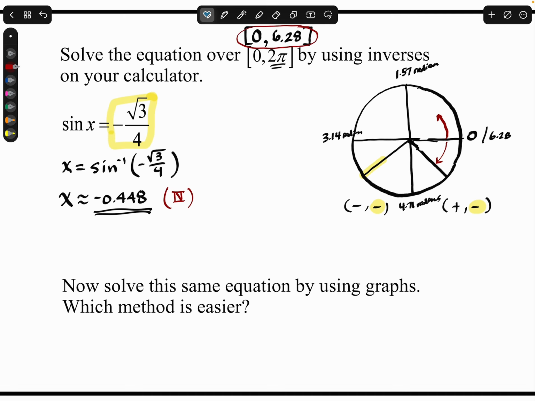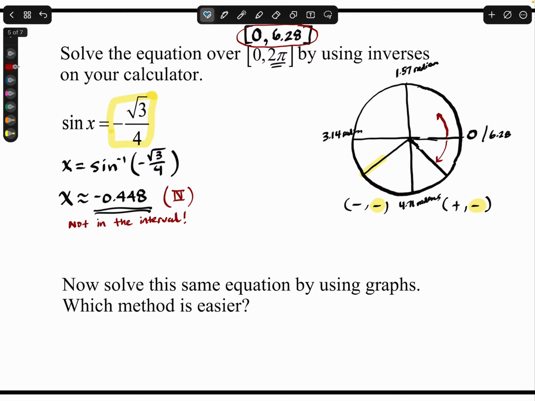So this is not in the interval. It falls outside. But that would be this angle here, negative 0.448 radians, going back like that.